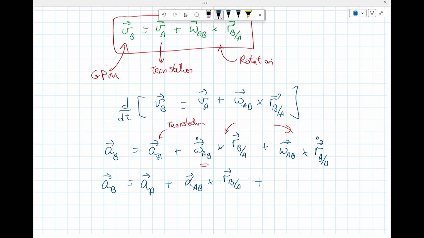Then you have this last term, which you can rewrite as omega AB cross omega AB cross r B with respect to A.